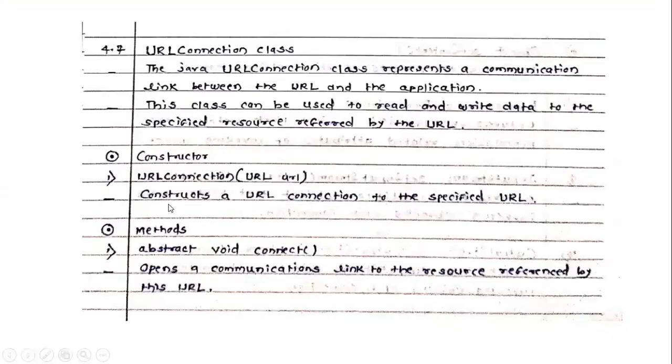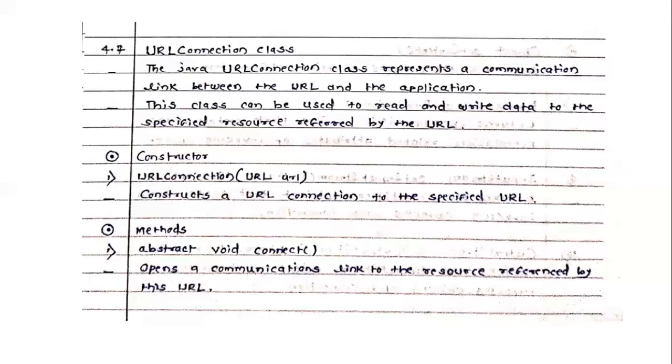So what is a URLConnection class? The Java URLConnection class represents a communication link between the URL and the application. It is used to establish the link for communication with that URL. URL is nothing but Uniform Resource Locator, which we saw in the last lecture. For example, www.msbt.org.in is one type of URL.